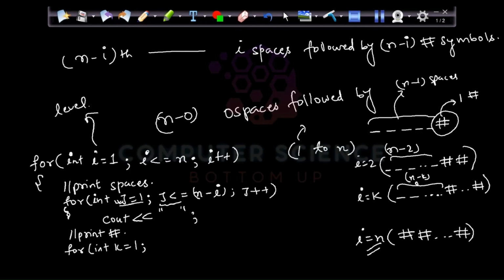But let me take k is equal to 1, k less than or equal to i itself, k plus plus, cout hash.